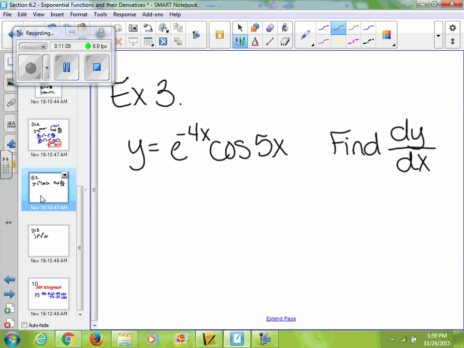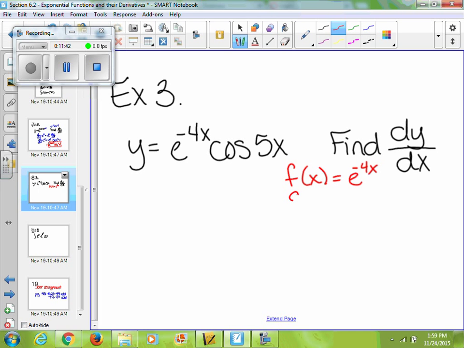Let's do another one. So example 3 gives me y equals e to the negative 4x times cosine of 5x, and I need to find my derivative. I'm going to need to use a couple different rules to find this.